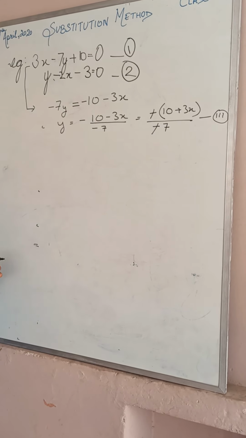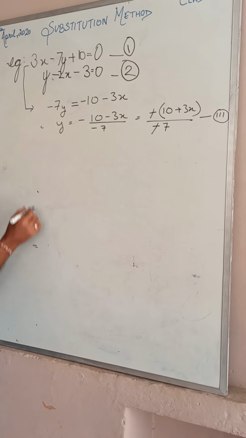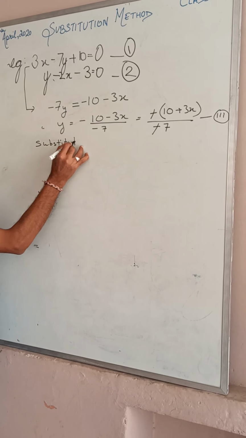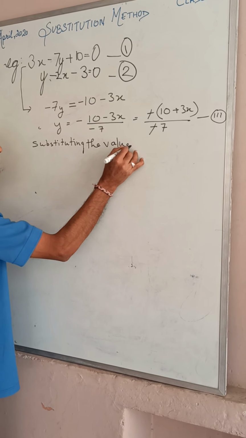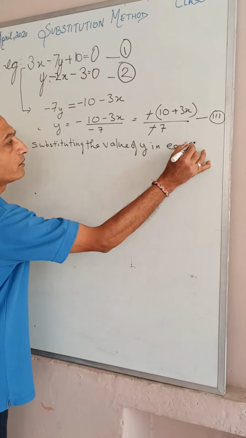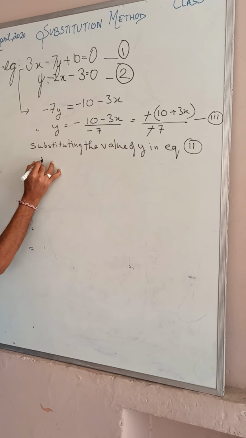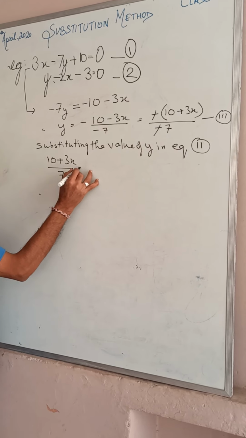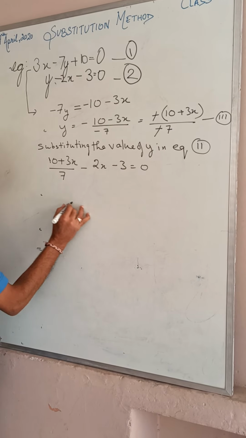Since I have used the first equation, I will substitute the value of y in equation 2. So, substituting the value of y in equation 2, I get 10 plus 3x upon 7 minus 2x minus 3 equals 0.